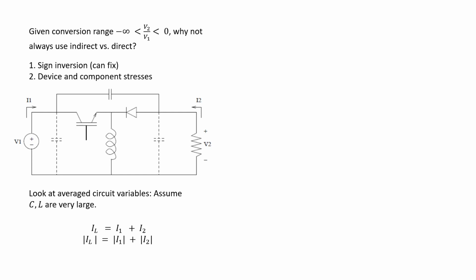From analysis, we can prove that the absolute value of current on the inductor is the sum of the absolute values of current I1 and I2. Okay, so if you want to convert to a very high current I2, or you want to get a large current I2, it means you drop the voltage.